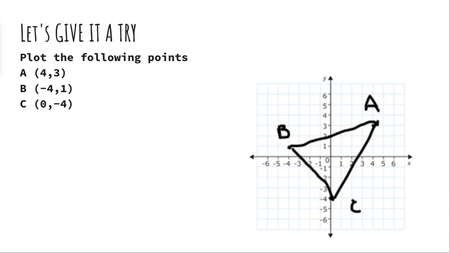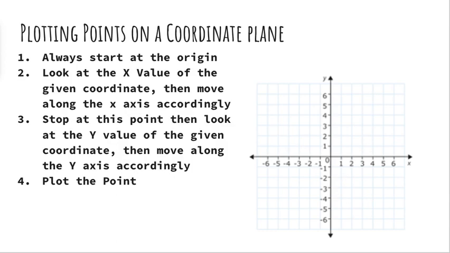Okay, so I hope this video made sense to you. Let's just retrace once again. Always start at the origin, move with the x value first, which is left or right, depending on whether it's negative or positive. Stop when you get to your x value, then go back, look at your y value for the coordinate, and then move up or down from where you stopped on the x.